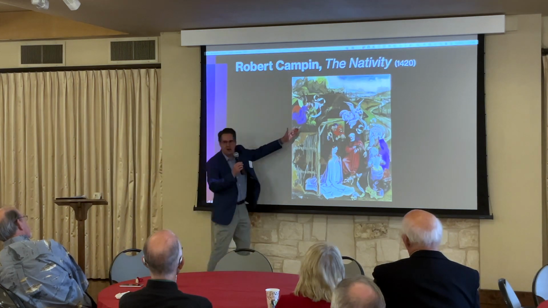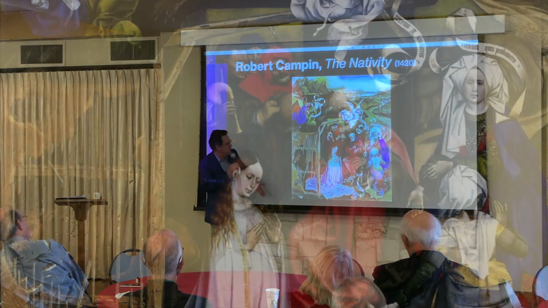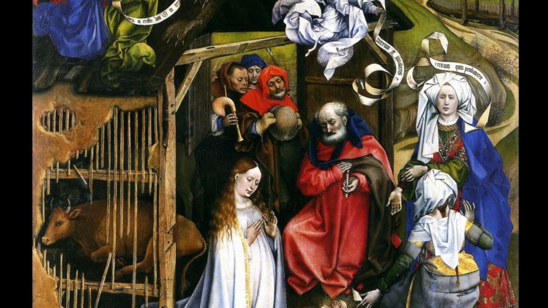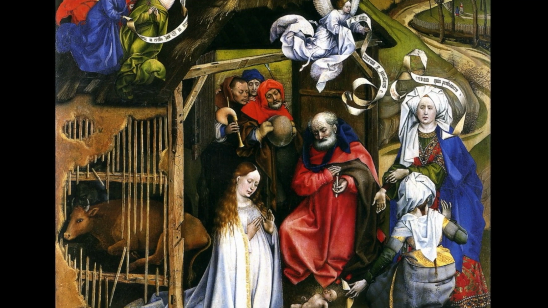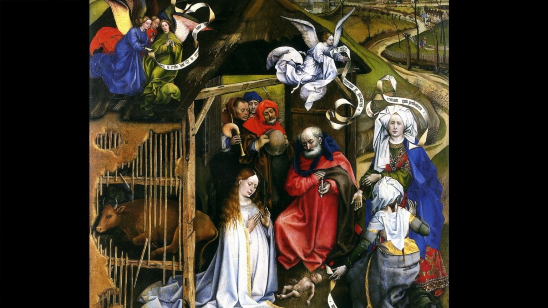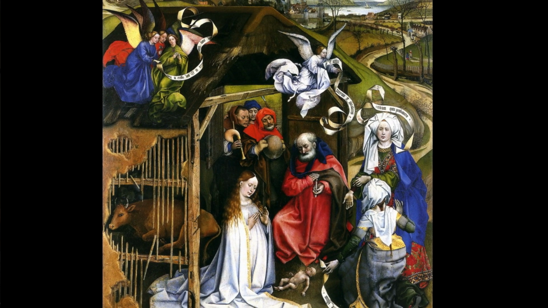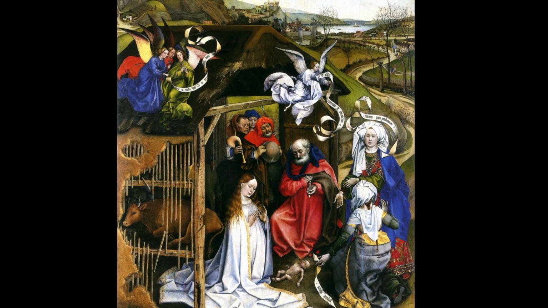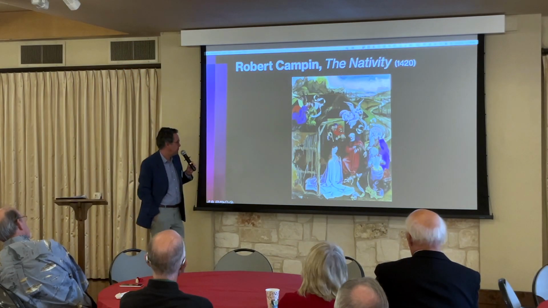Again, we have now definitely a stable, not a cave. Notice also that the midwives are now dressed very differently, they're not peasants anymore. This is what rich people in the 15th century would wear. So they are presented more like nobility rather than peasants.